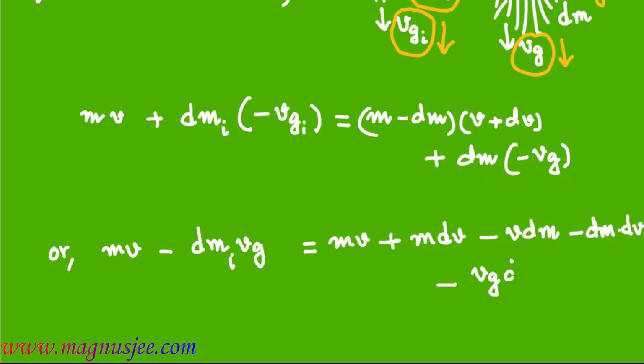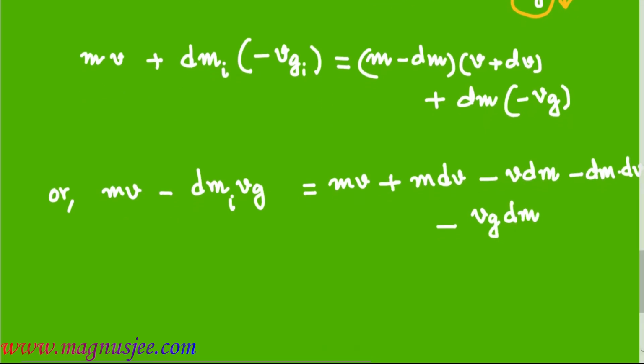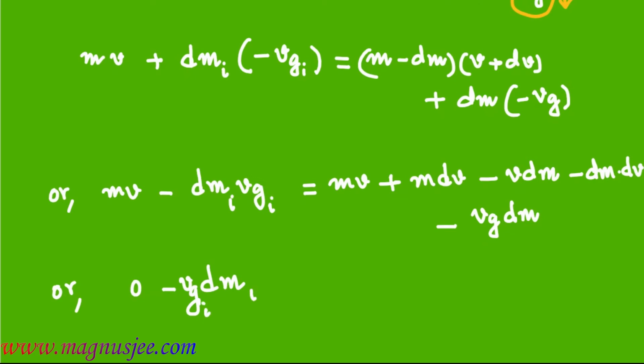On the left hand side we should have minus dmi into vgi. It should be minus vgi dmi equal to mv plus m dv minus v dm minus dm dv minus vg dm, because mv and mv will cancel out.